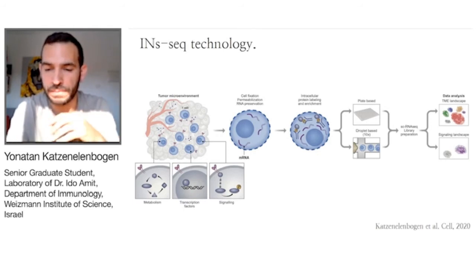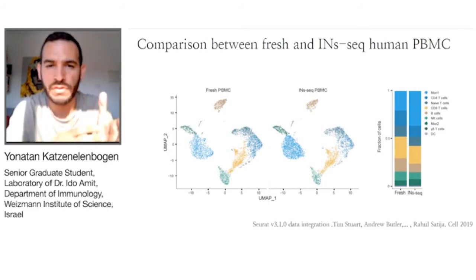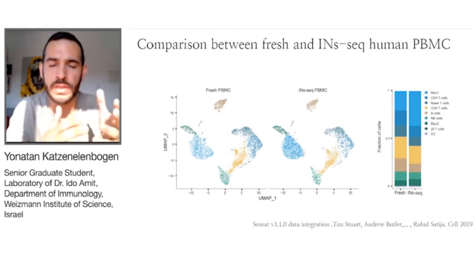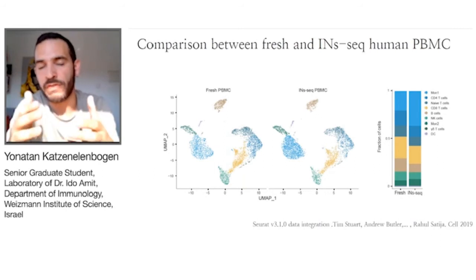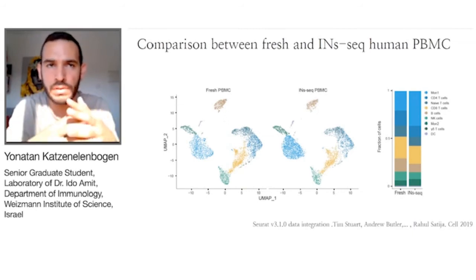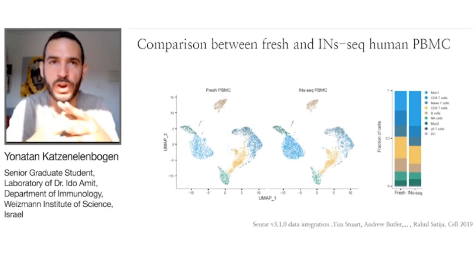To appreciate the performance of this methodology, we have here fresh human blood cells, PBMCs, and INSET-treated, meaning fixed, PBMCs, and you can appreciate that we have the same composition in both cases, so we're not losing any information in that sense.